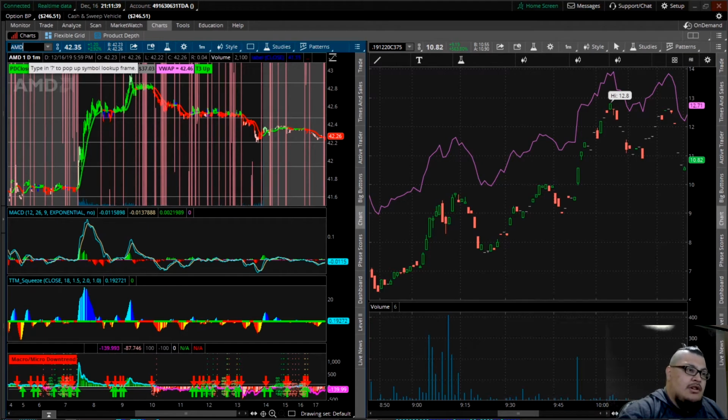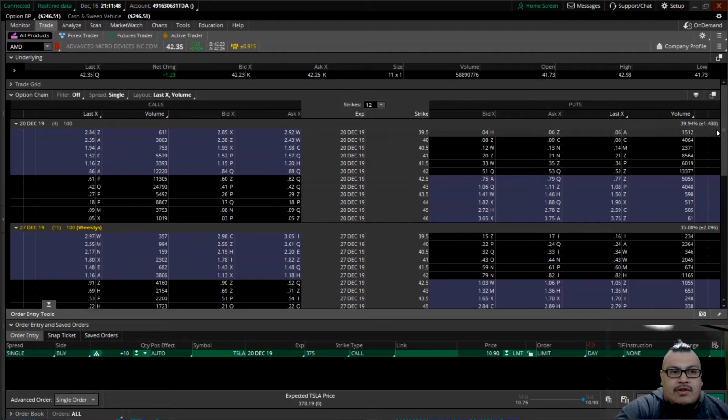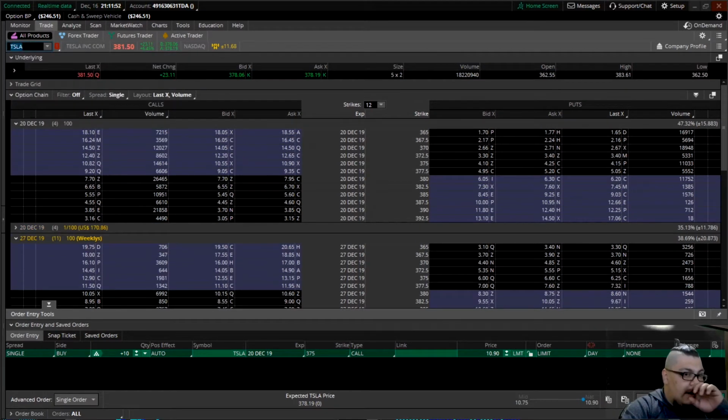If we come back over here to our option chain, that's why on AMD the implied volatility is only 1.488, and then you come over to Tesla, where the forecast of move on the ticker is bigger, so they have a bigger implied volatility.